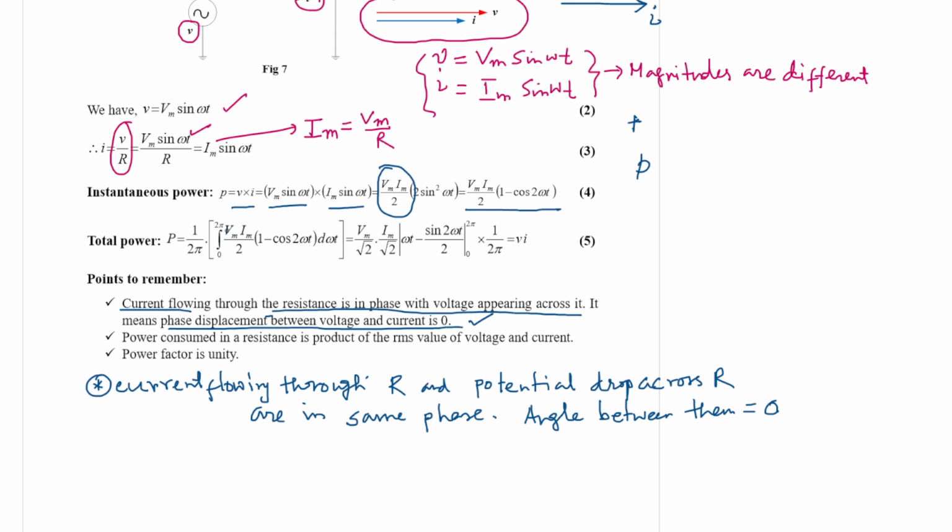Total power is the summation of the instantaneous power over a complete cycle.